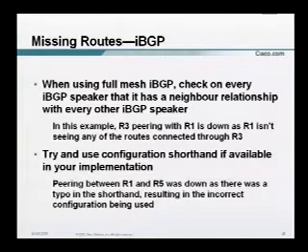So when you're using a full mesh iBGP, check on every iBGP speaker that it has a neighbor relationship. If you've got 10 routers in your network, you'll have 9 iBGP neighbors. 100 routers, you'll have 99. When you get to the extent of 100 routers, 99 iBGP neighbors, that's a lot of counting that you have to try and do.